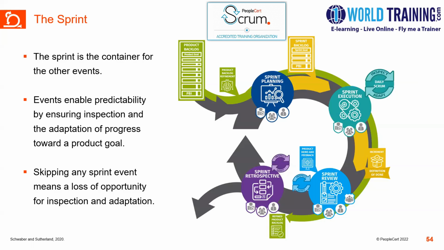The daily scrum is fundamentally executed throughout the sprint, and it is an important element of sprint execution. As the sprint gets closer to the end and as the team starts delivering the items in the sprint, we ensure to get an increment.